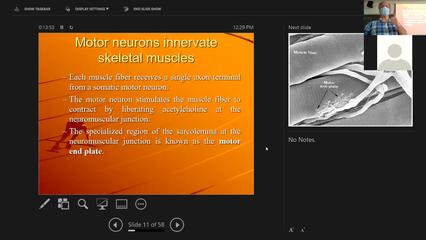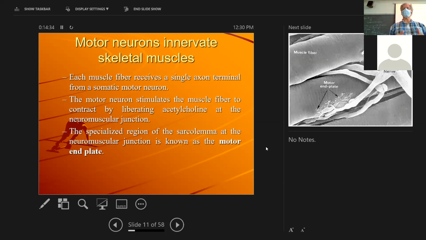First, let's talk about the innervation of the muscle cell. So the upper motor neurons in the precentral gyrus will send their axon down, and then it will synapse with the cell body of a lower motor neuron, and that lower motor neuron will then extend to a muscle.